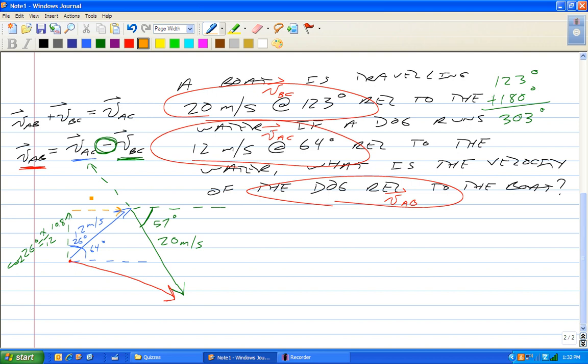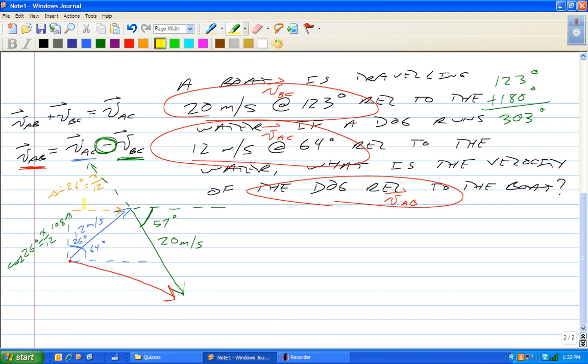At the same time, it's going east how much? Well, now I just use sine of 26 degrees is equal to that side divided by 12. This side's 12.